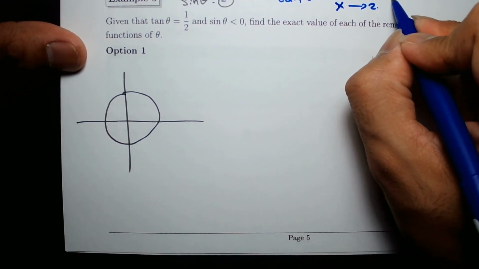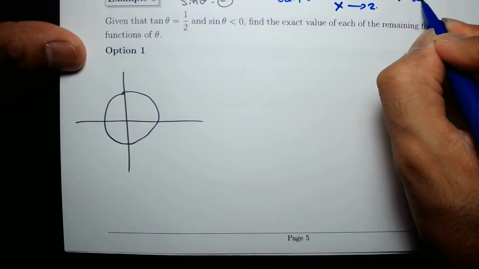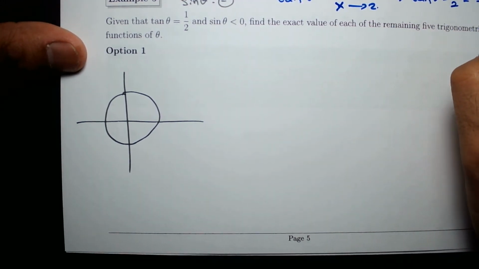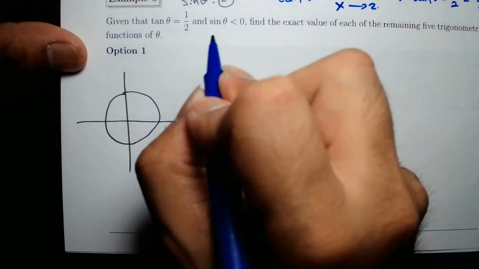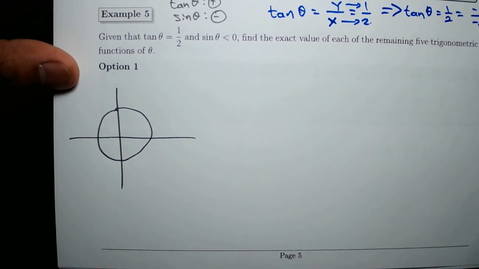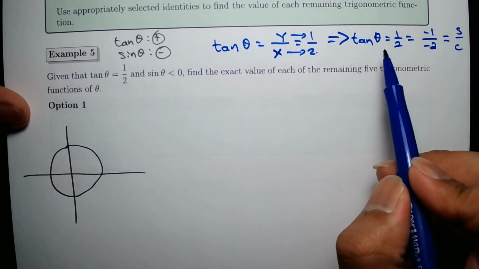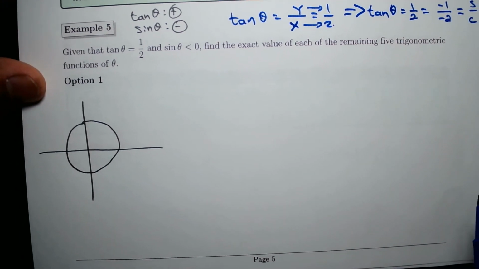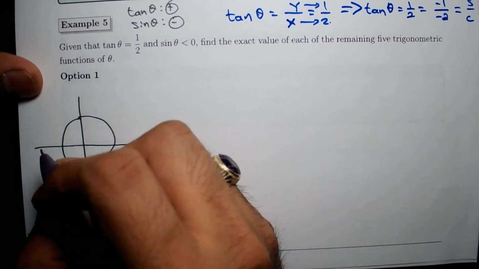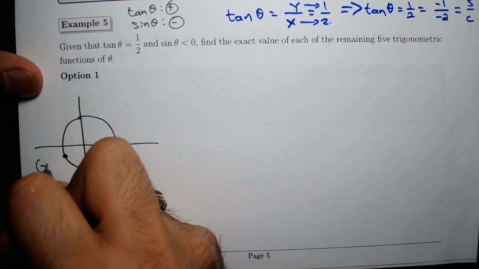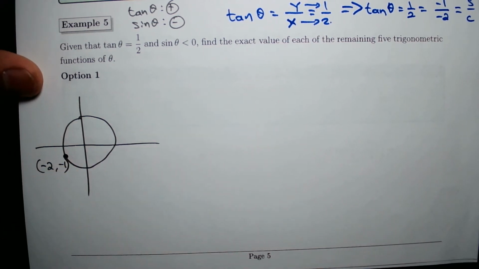We need to write this tangent theta equals 1/2 as negative 1 over negative 2. Negative over negative, it's still positive, but in this case we make sure that sine is negative. Cosine is also negative, well, we don't care about cosine, but we will actually. So in this case, let me put the point over here: negative 2 comma negative 1.